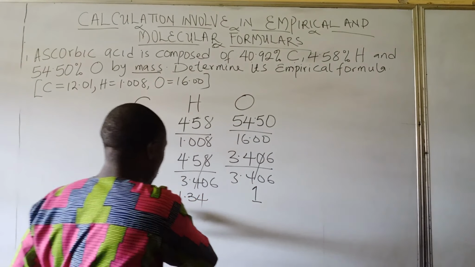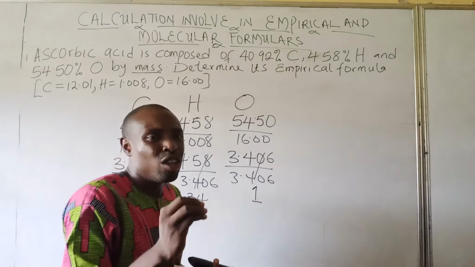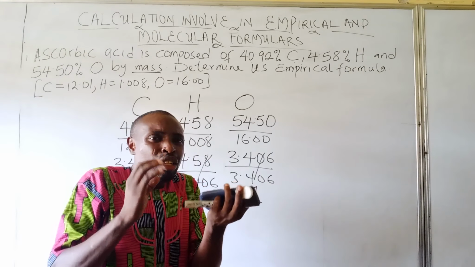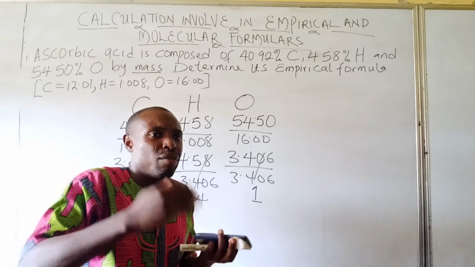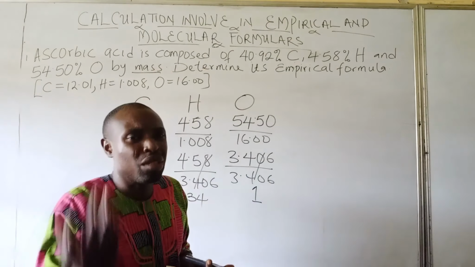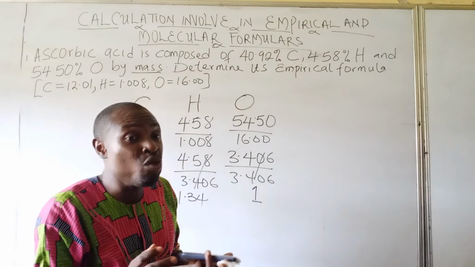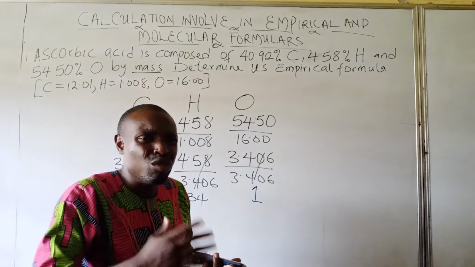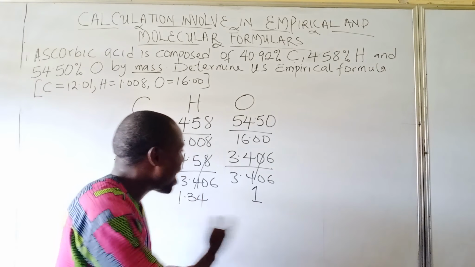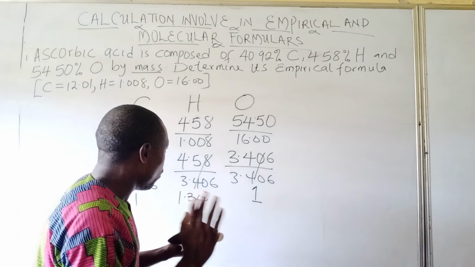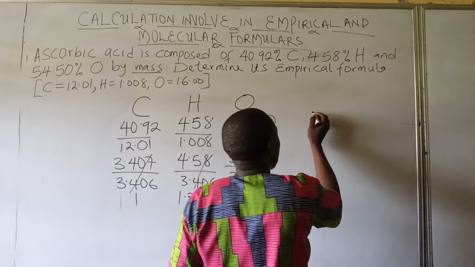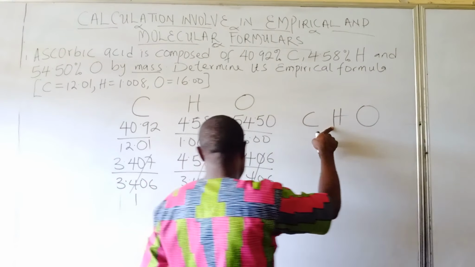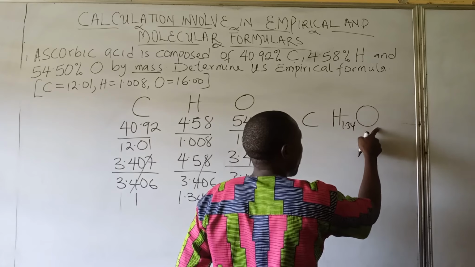If you are having something of this nature, like 1.34, or something like 0.4, 0.2, 0.25, please do not approximate. So you don't approximate anyhow here. Follow my rules. So here you are just having carbon 1, hydrogen 1.34, while oxygen is also 1.